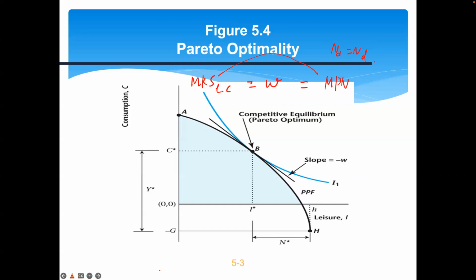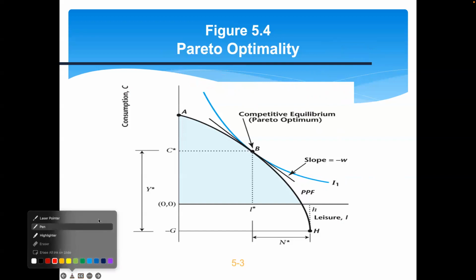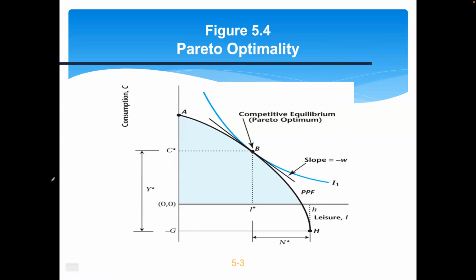So now, what is Pareto optimal? In the Pareto optimal case, instead of a wage or a market, we can think there's a fictional social planner. What is a social planner?